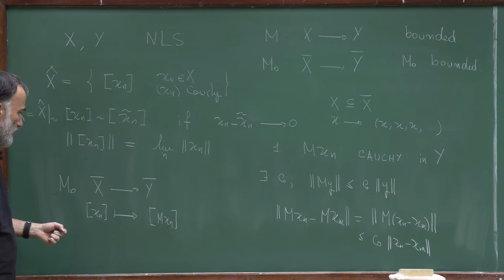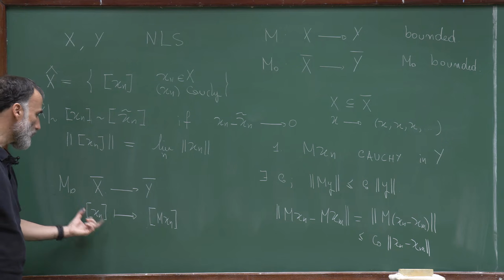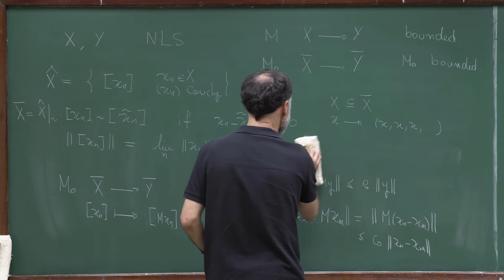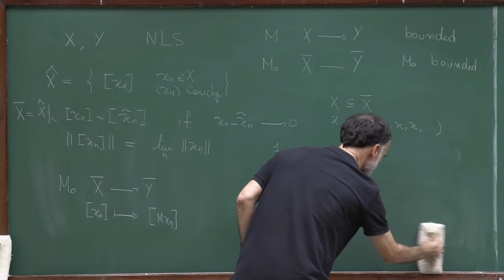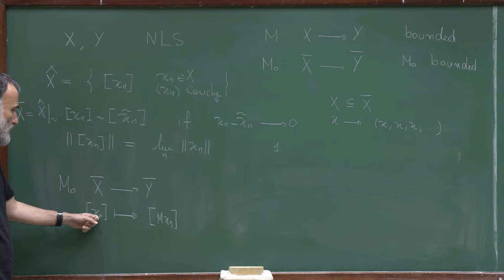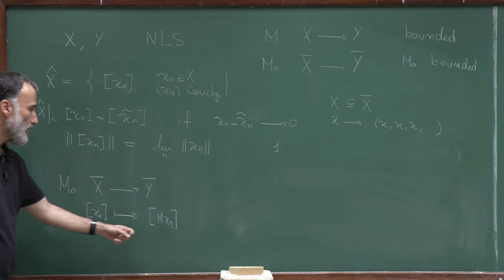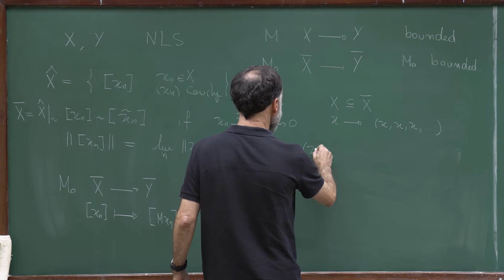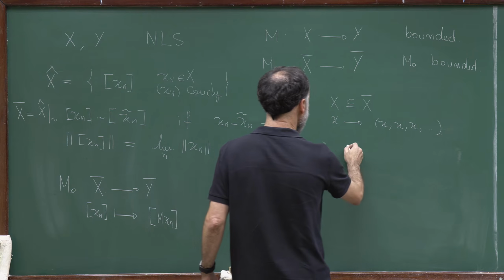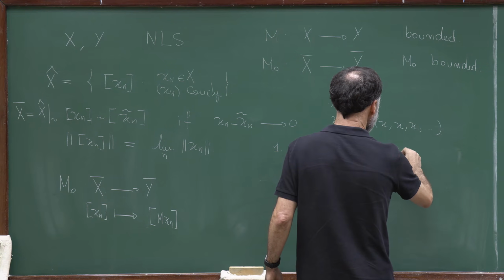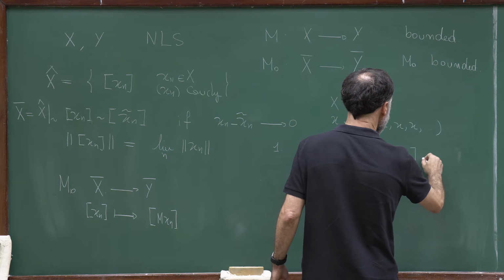Now, the second step consists in showing that this is well defined, which means that if I take two different elements of the same equivalence class, the image is the same. So let me consider two Cauchy sequences, x_n and z_n. I will assume that the equivalence classes are equal.